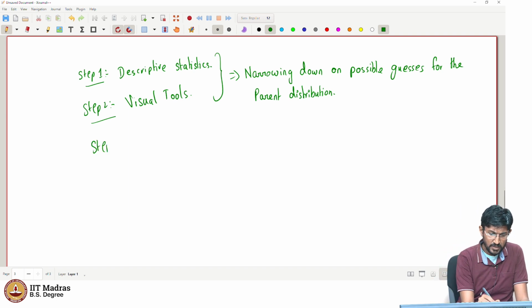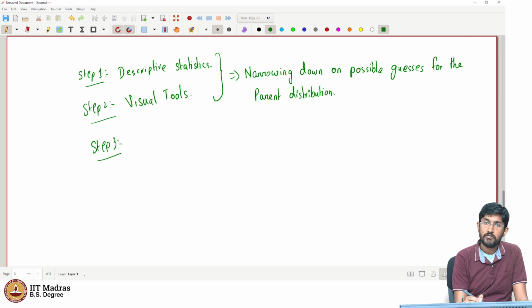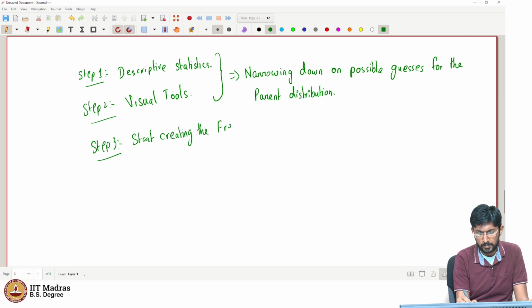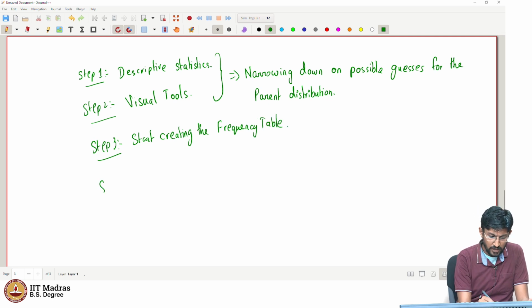Next, in step 3, we would actually start creating the frequency table that is required. Then later on, in step 4, we would make appropriate conclusions.